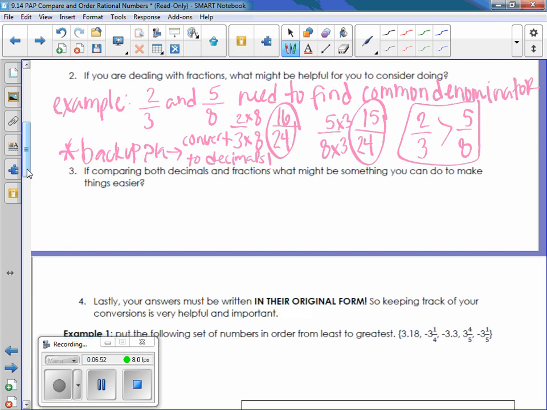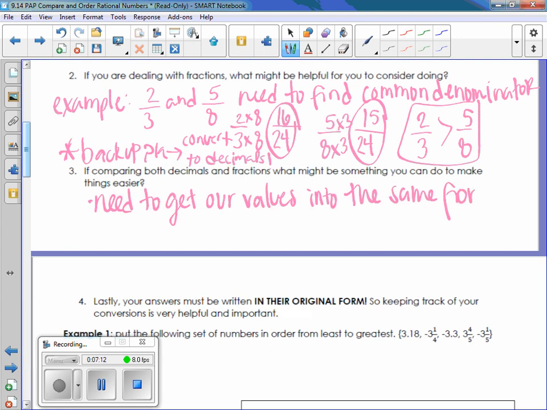You can either change the decimal to a fraction or the fraction to a decimal. Awesome. Basically we need to get our values into the same form. And again, for each question, it depends on which form's easier. A lot of times it's a decimal, but sometimes it is a fraction. So taking the time to stop and think about it right before would be helpful.